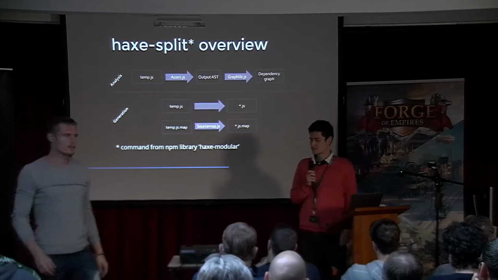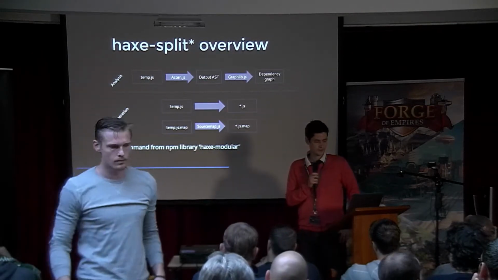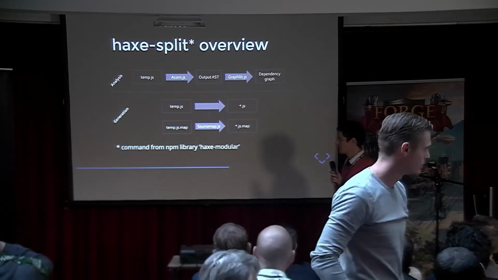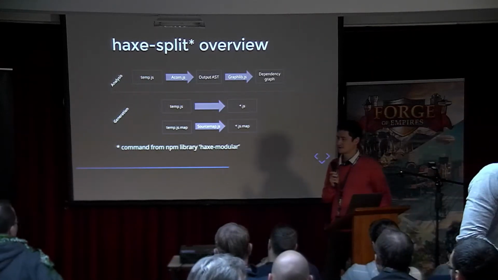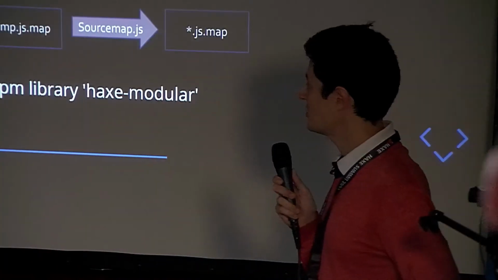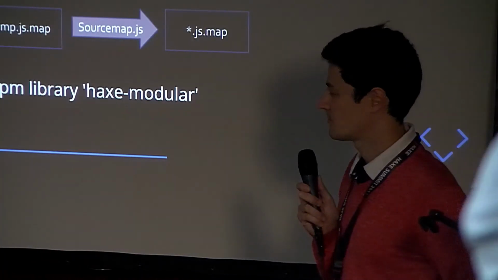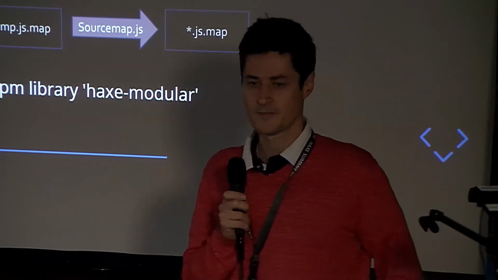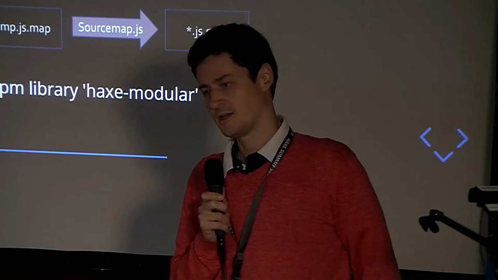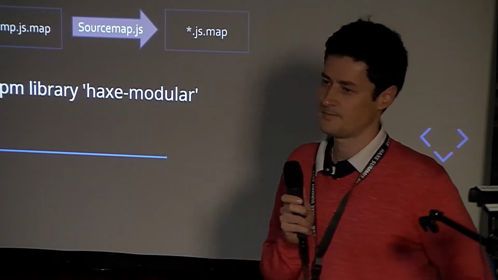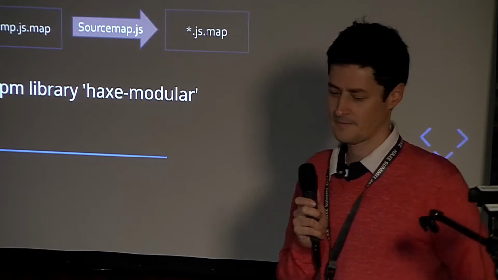So to achieve that, I've made a tool which is haxe split, and what it does is that it parses your Haxe output. It's a Node.js tool because I'm using some pretty useful libraries. The tool parses the output, makes the AST, builds a dependency graph of all your code and even the tool functions from Haxe.